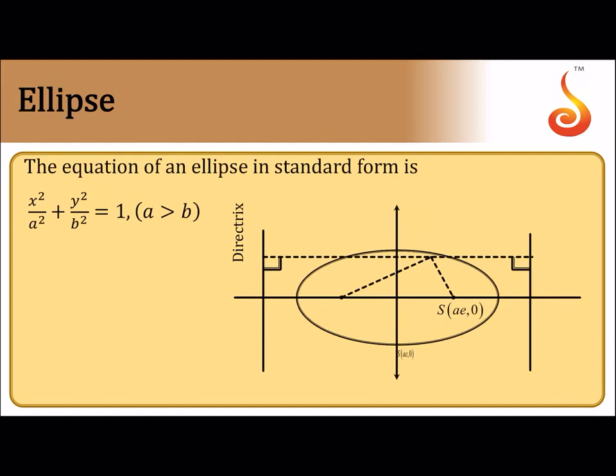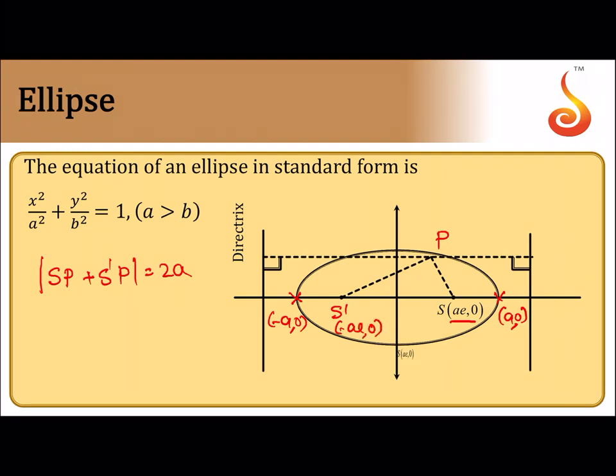So the equation of an ellipse in standard form is x square upon a square plus y square upon b square equal to 1. This is one focus S dash and this is point P. The most important point is SP plus S dash P is equal to 2a. This is called the major axis. This point is a comma 0, this is minus a comma 0.